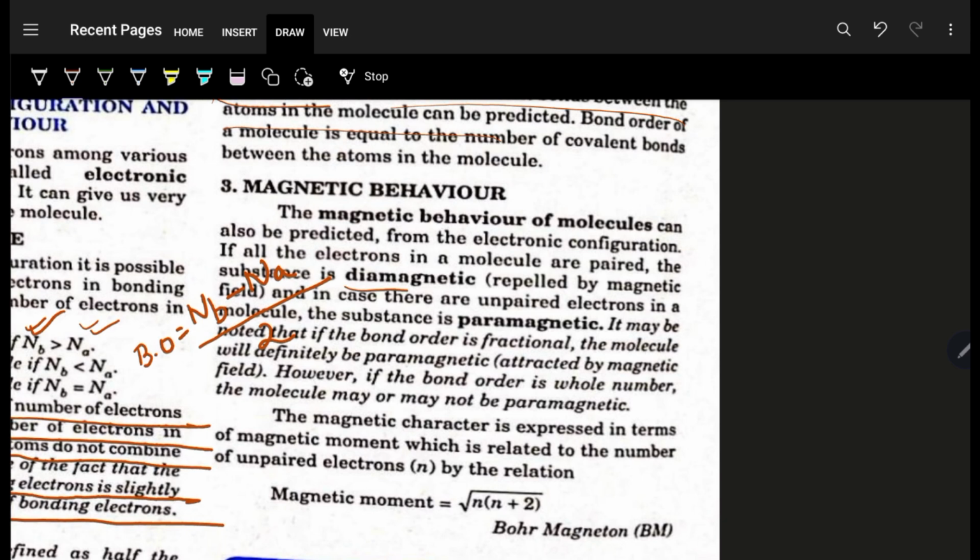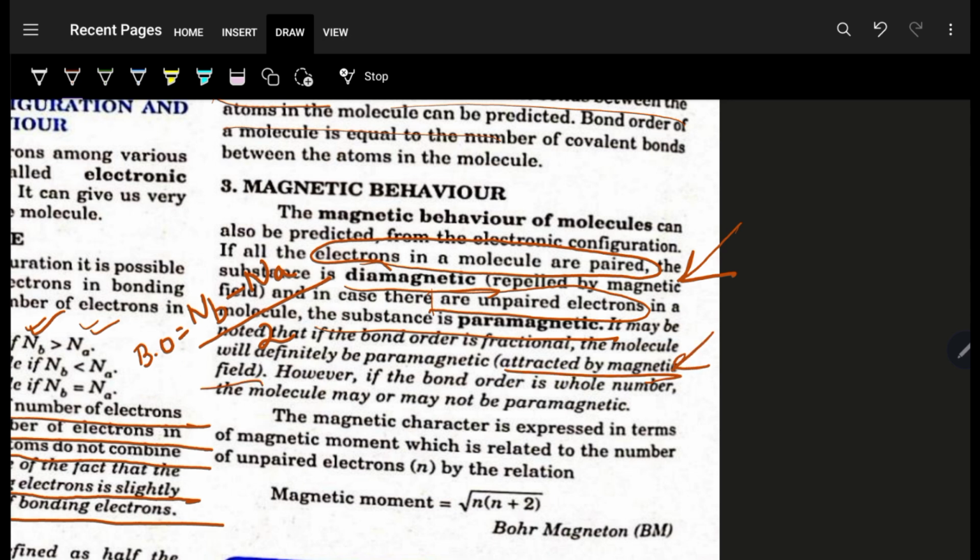A diamagnetic substance means the electrons in the molecule are all paired up. If there is even one unpaired electron in the molecule, then the substance is paramagnetic in nature. Remember that a diamagnetic substance is repelled by a magnetic field and a paramagnetic substance is attracted by a magnetic field.